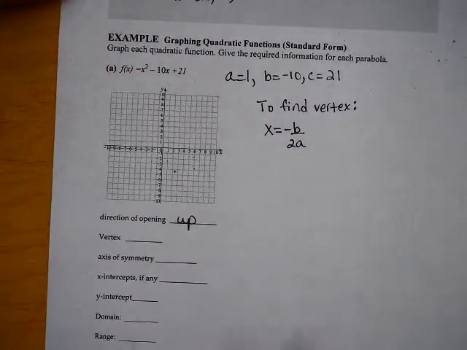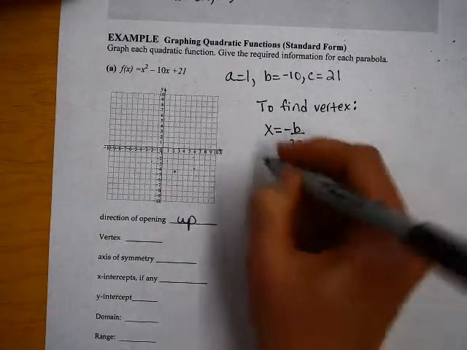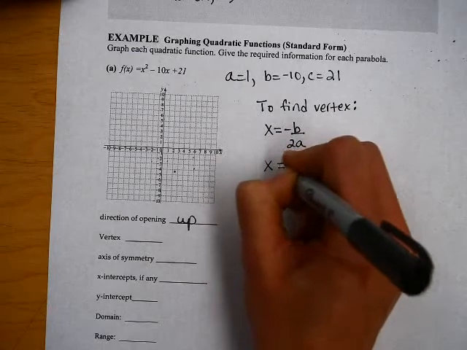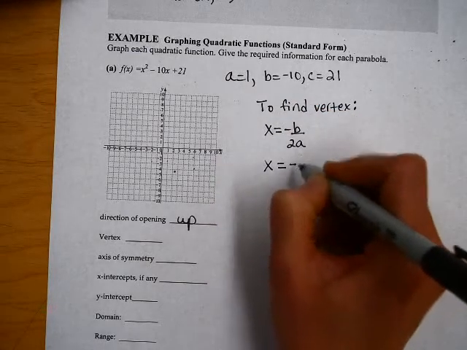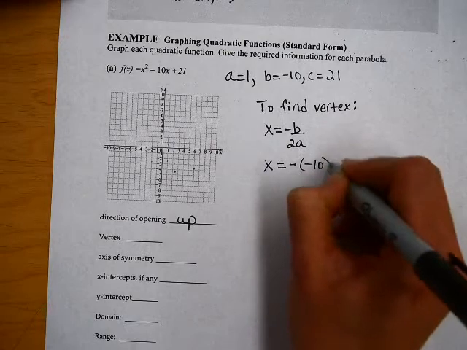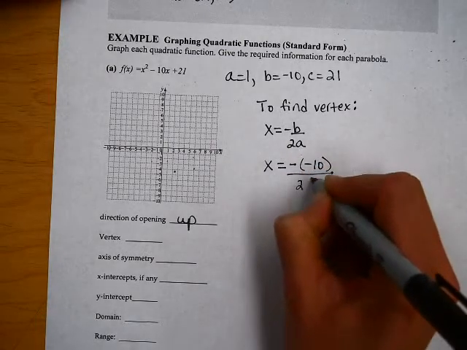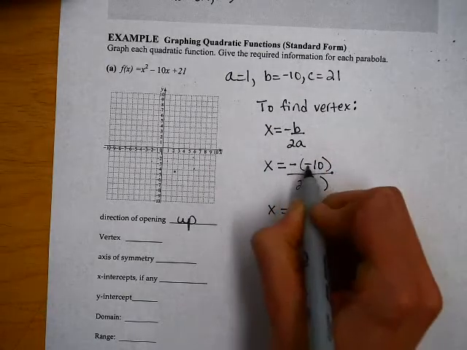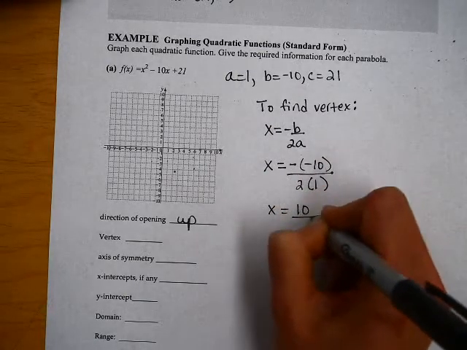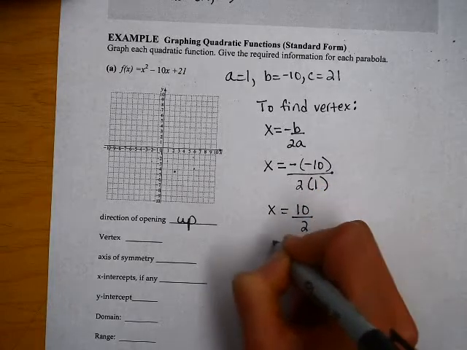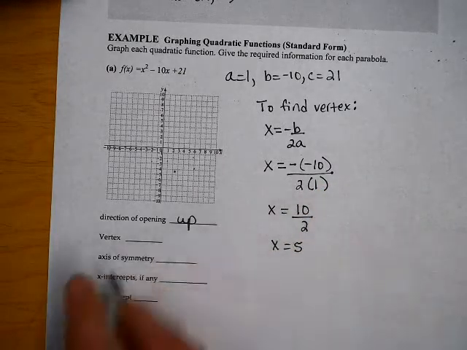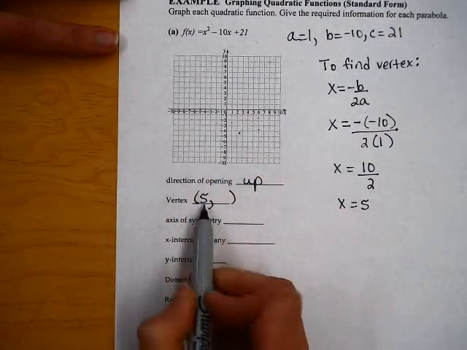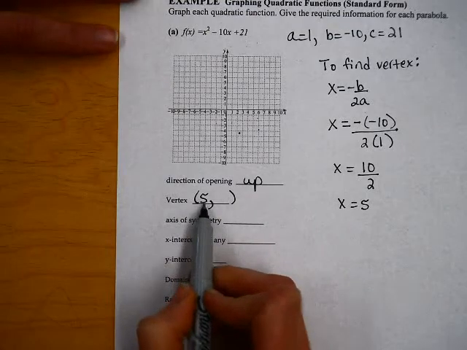So we go back up where we've listed a, b, and c, and say x equals negative times negative 10 divided by 2 times a, and a was 1. Negative times negative makes positive 10, divided by 2 times 1 is 2, so x equals 5. So right now, I know the x part of my vertex, h, is 5.